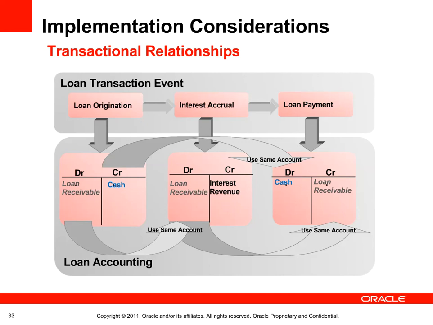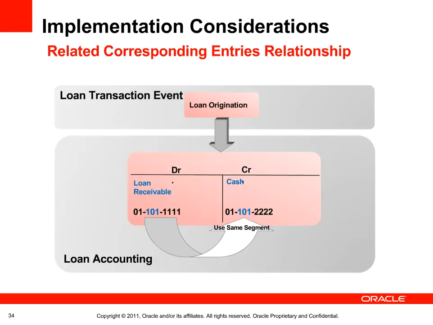In this example, the same account from the loan receivable debit entry for the loan origination event is used in the loan receivable debit entry for the interest accrual event and the loan receivable credit entry for the loan payment event. When the line description is also linked, the same description for the loan receivable debit entry is used on the downstream loan receivable credit entry.